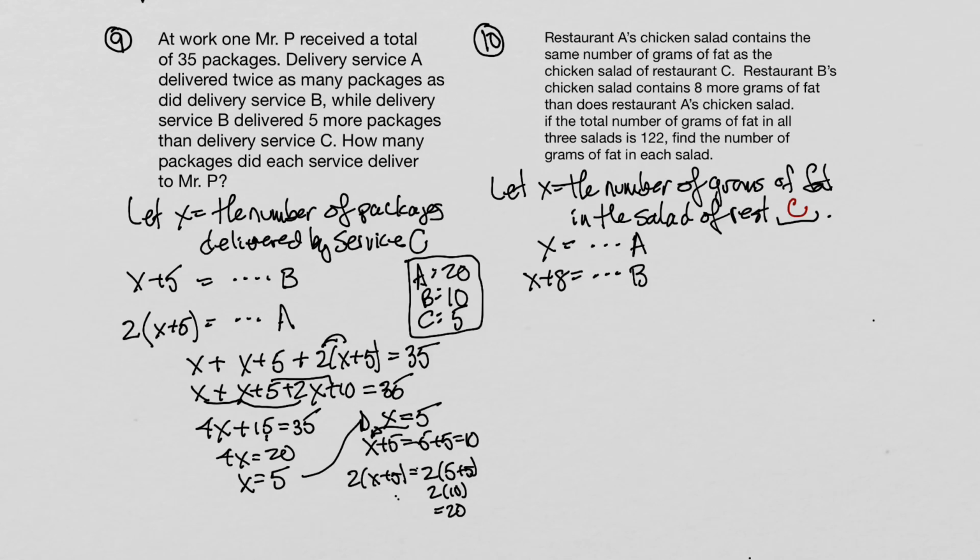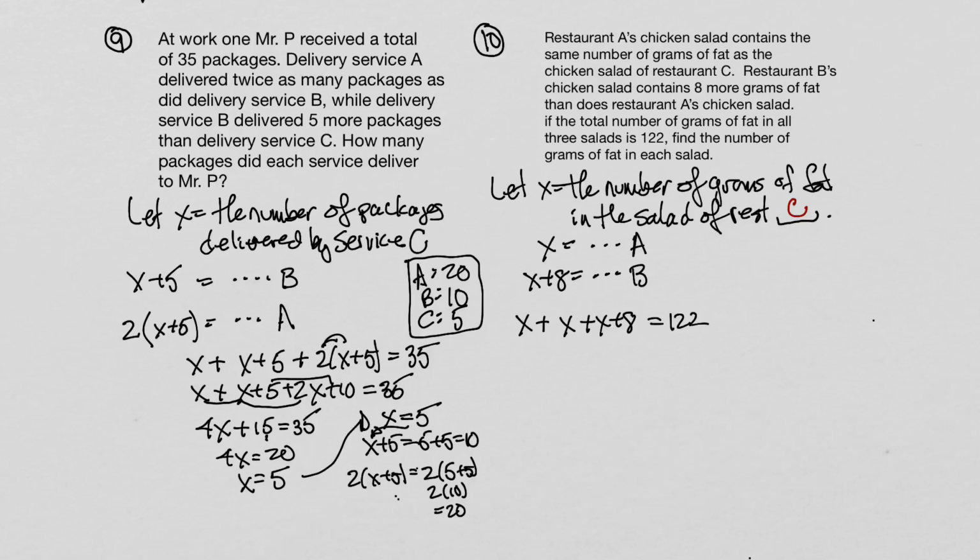And now here's the relationship. We know that the total number of grams of fat from all three is 122. So if I take this number of grams, and this number of grams, add them together, we'll get the total, which is 122. So we're going to look at X for C, X for A, and then X plus 8 for B, and that's equal to 122.